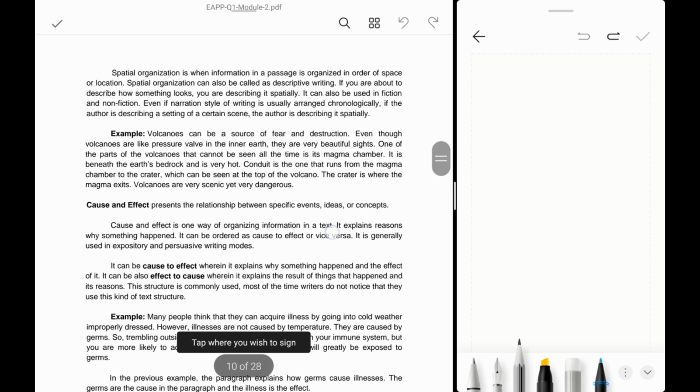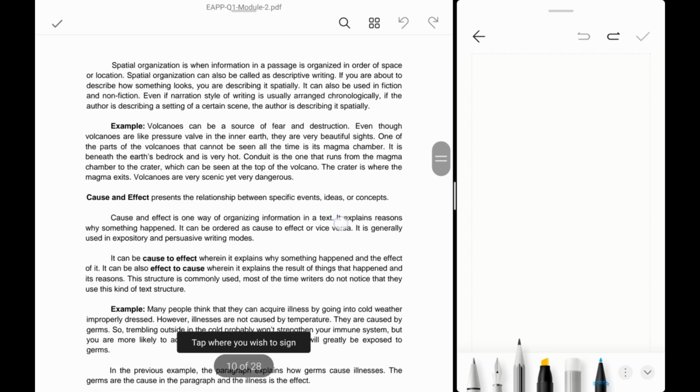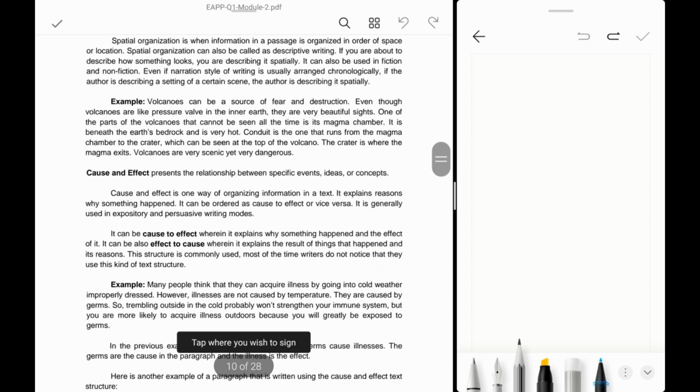Even if narration is usually arranged chronologically, if the author is describing a setting of a certain scene, the author is describing it spatially. Many people are actually, guys, confused about narration and description, but the very difference is that when you're making a narration, what you do is you tell a story.